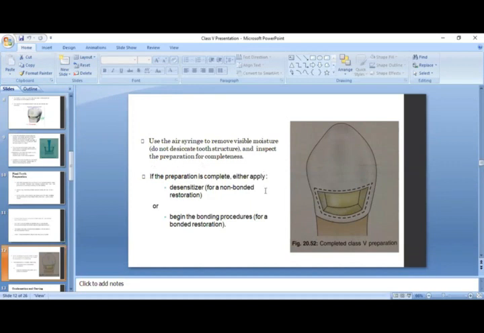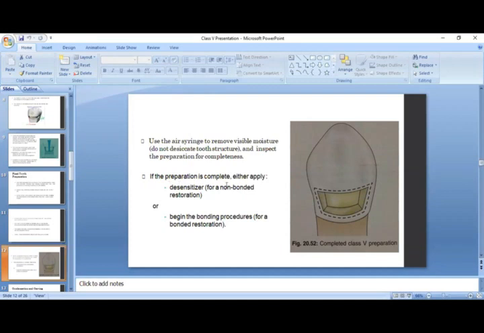What is the purpose of using the air-water syringe? It has pressure that removes the debris left by the previous instrument. If we are not able to remove that debris, our restoration will definitely fail.